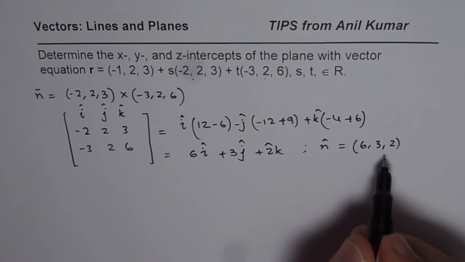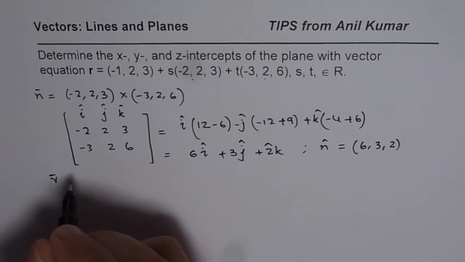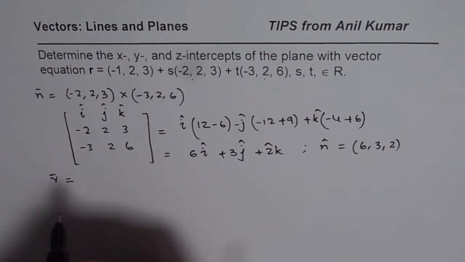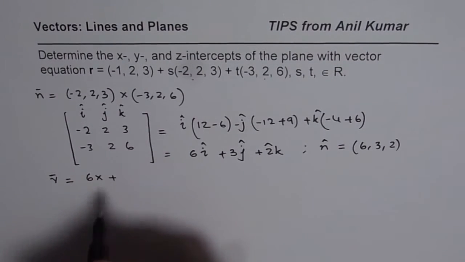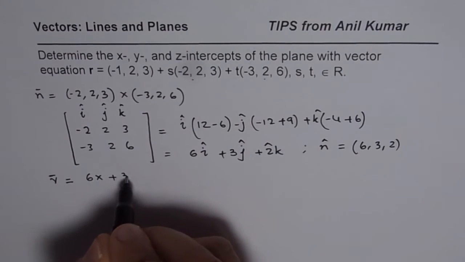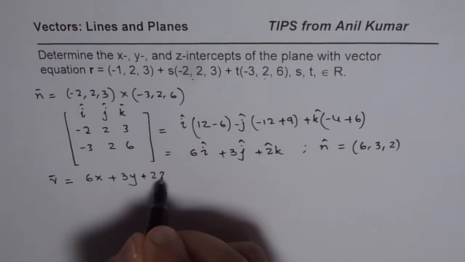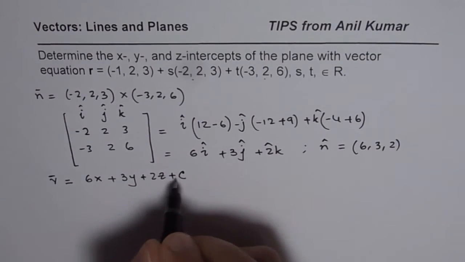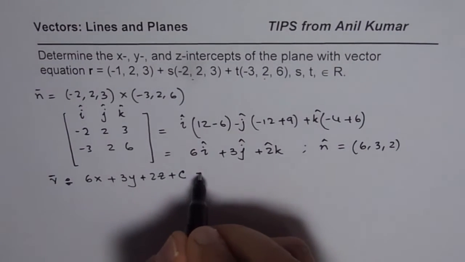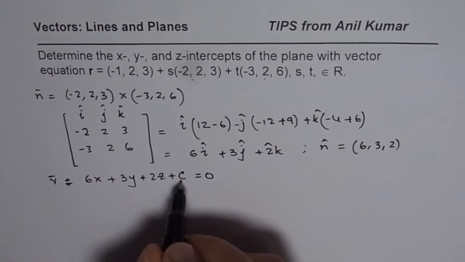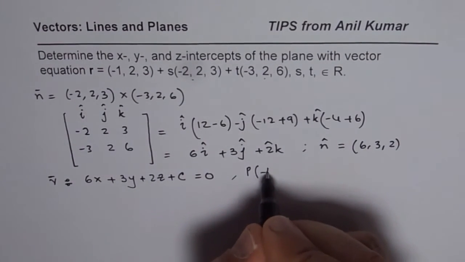Since we know the normal vector, the Cartesian equation of the plane can now be written as ax plus by plus cz plus d, which is 6x plus 3y plus 2z plus c, equal to 0. To find the value of c, we'll substitute the given point. We know the point on this plane is (-1, 2, 3).